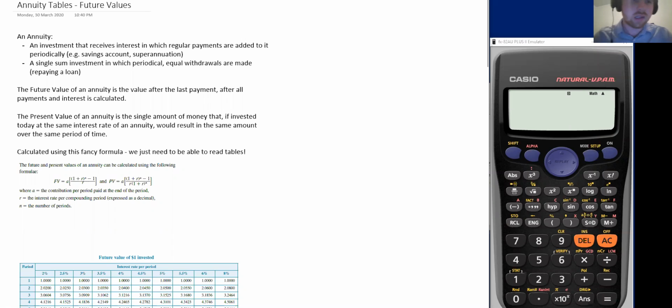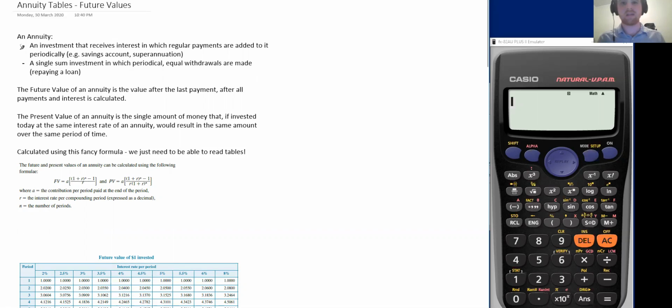An annuity is, as you can see, an investment that receives interest in which regular payments are added to periodically. So you can think of this as like a savings account where there's an interest rate on that account, which will increase the amount in that account after each month, say, and you might budget so that you're putting a regular amount into that savings account every month.